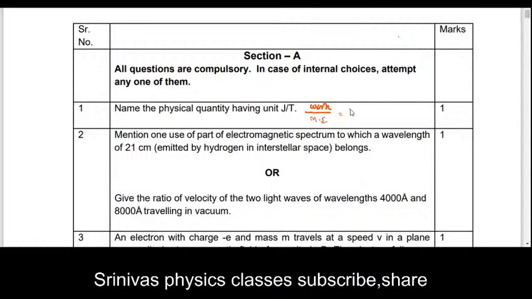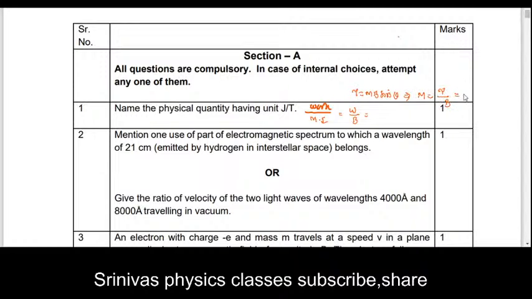That means it is W by B, and W by B means joule per Tesla. What is joule per Tesla the unit of? We know the torque formula: torque is equal to mB sin theta. Sine has no unit, so m is equal to tau by B.